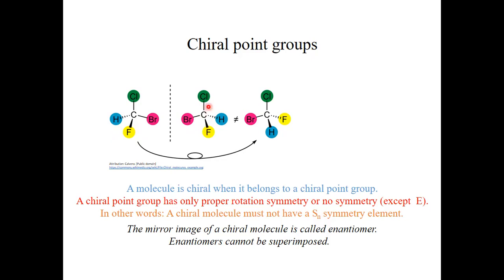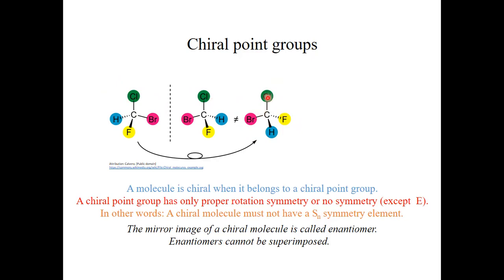So this molecule here is not the same as this molecule over there. So this molecule over there would actually be the same molecule as this one here. We could actually make it superimpose by just rotating.